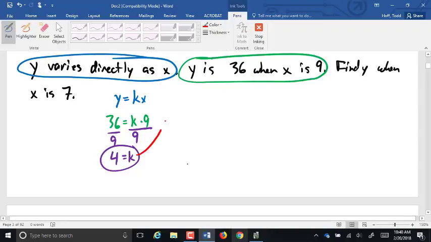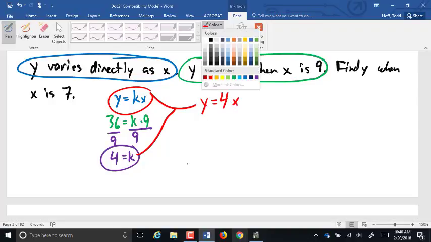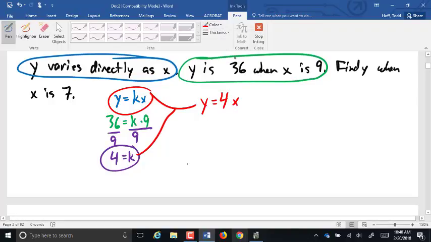So now we can further define this relationship as y equals 4 times x. And now we're asked to make a prediction or a calculation. Find y when x is 7. Well, if this relationship is true, when x is 7, y equals 4 times 7, or 28.